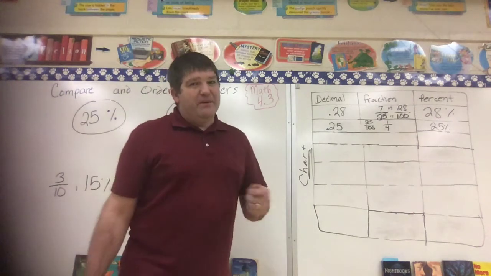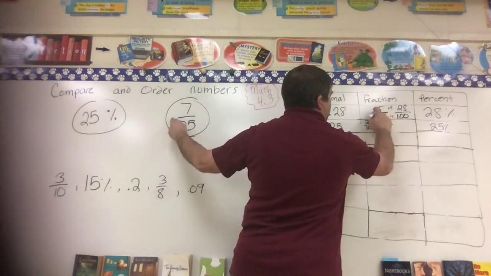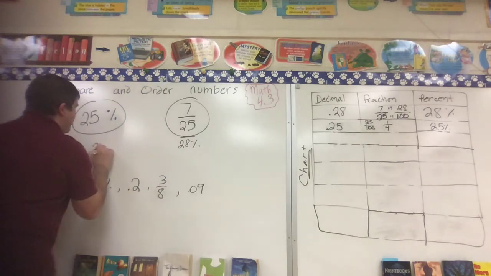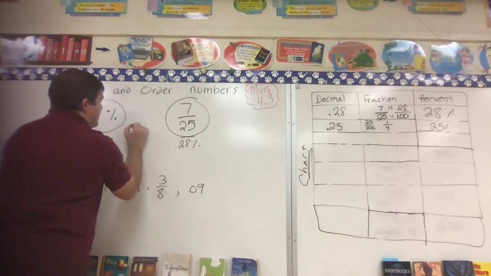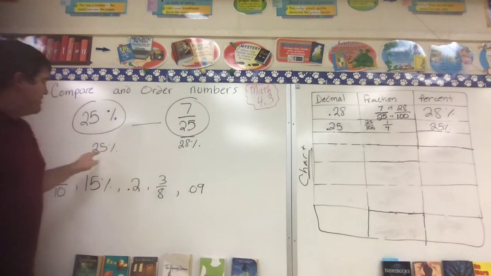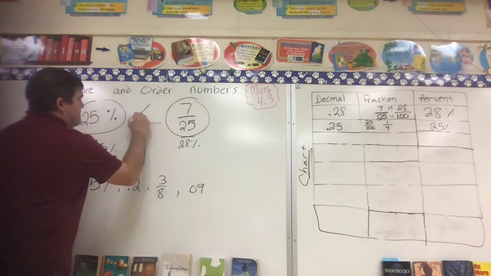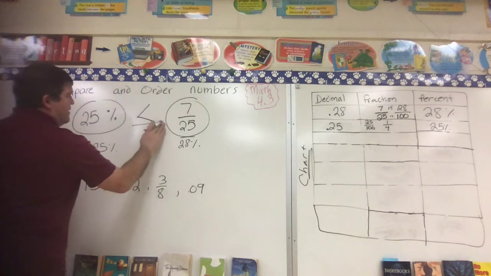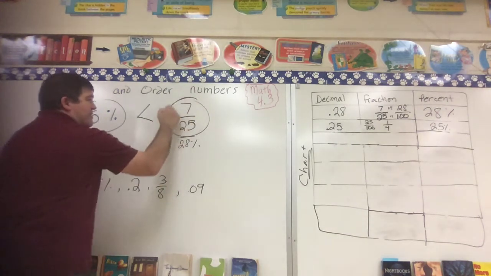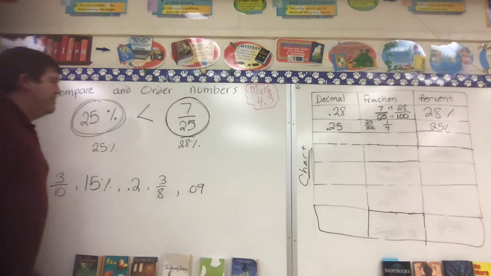I usually pick percent. So 7/25, this one is 28%. So I put 28% here, and I put 25% here. Then I have to decide, is this greater than this or is this less than this? Well, 25% is less than 28%. So this one is greater. 7/25 is greater than 25%.